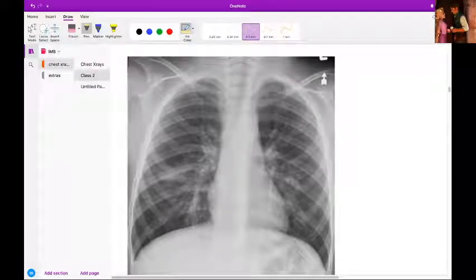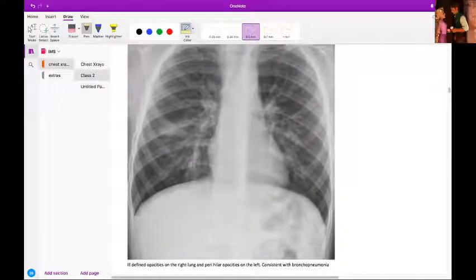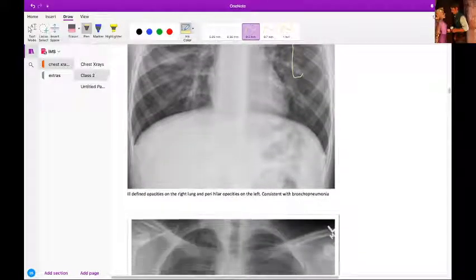Yeah, in the right middle zone. That's correct. So ill-defined opacities in the right lung and some perihilar opacities in the left. So it's bronchopneumonia.